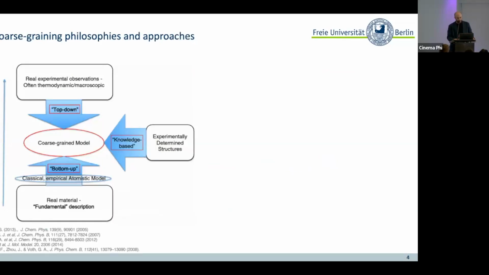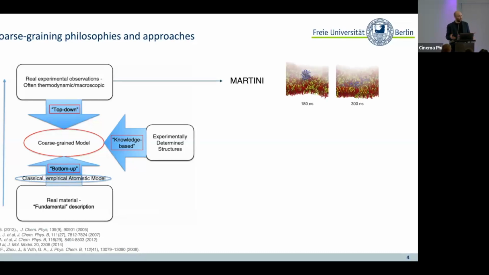And in order to answer this question, there are several approaches. So the first is the so-called top-down approach, where you model your coarse-grained Hamiltonian in order to match some low-resolution observable, meaning, for example, some experimental observable. You want to design a model that is able during simulation to reproduce experimental values.